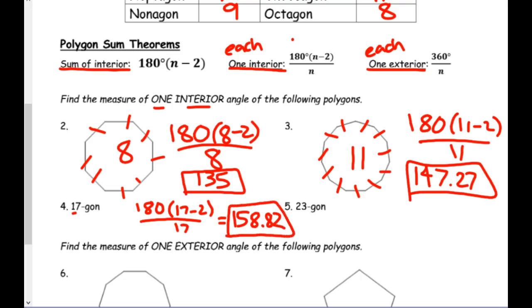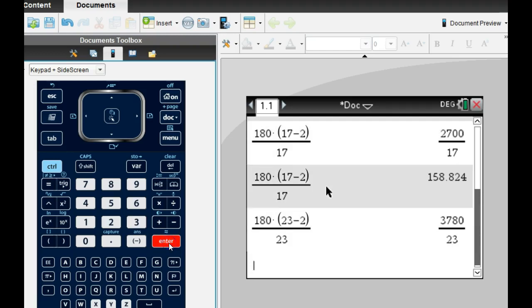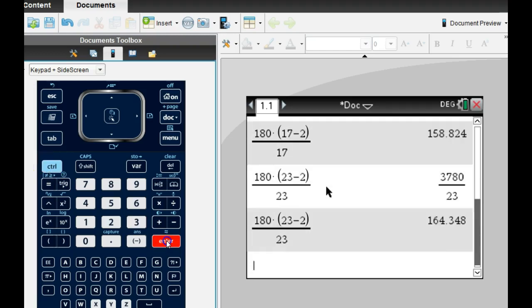And then a 23-gon. Wow. Alright. Press Control Enter. For a 23-gon, we get 164.35.